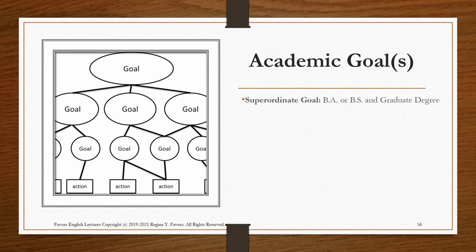So when we're looking at academic goals, the subordinate goal would be the BA or BS or a graduate degree. So that's the goal that's at the top right there, that one goal. And what oftentimes people do, they try to change the dominant goal. They will go good in one thing, and then all of a sudden they switch, right?